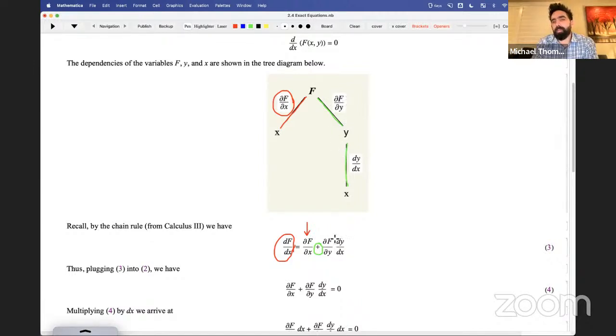And so I'll write it. So there's the partial of f with respect to y. But then I have to multiply by, this is an ordinary derivative, right? Because y depends only on one variable. So I'll write a dy dx there. Is that okay? Does this look a little bit familiar for those of you that took Calc 3?